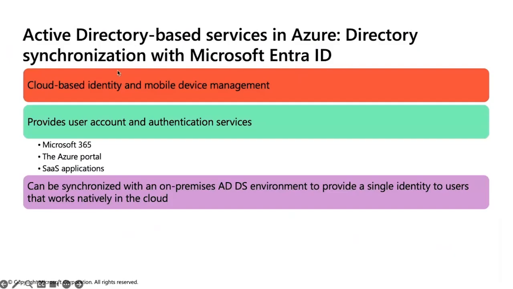So when you talk about directory synchronization with Microsoft Entra ID, what happens here? Basically, we use a tool to synchronize my on-prem Active Directory system to Entra ID in the cloud. Definitely, this is very important if you are using Azure components, Microsoft 365, SaaS applications.